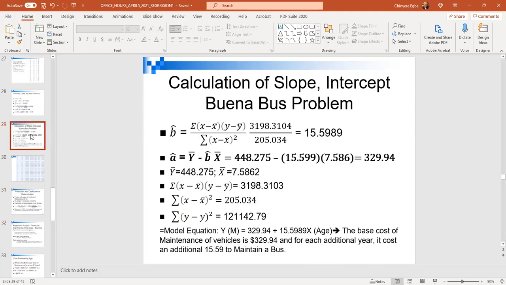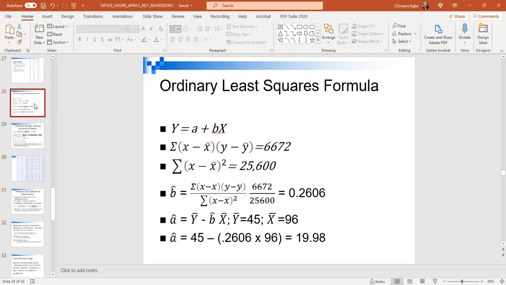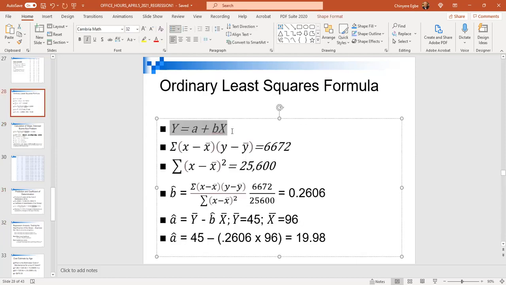The equation is y is equal to a plus bx. So it's possible that this b is equal to 0, which means that the age of the bus has nothing to do with the maintenance. So in that case, b will be equal to 0, okay?